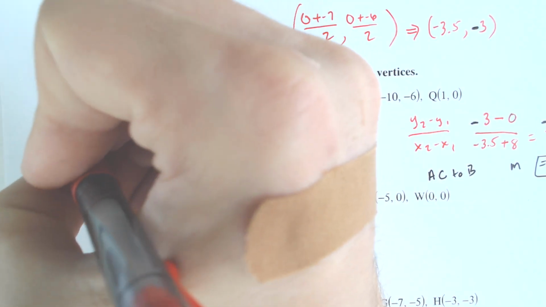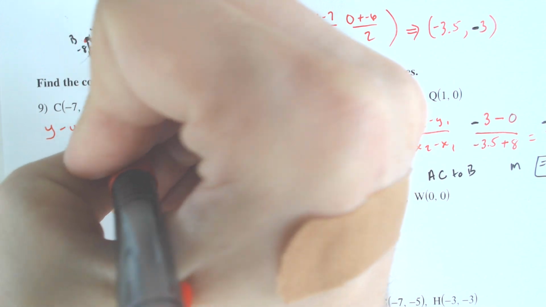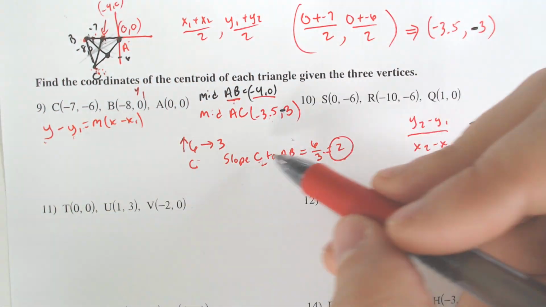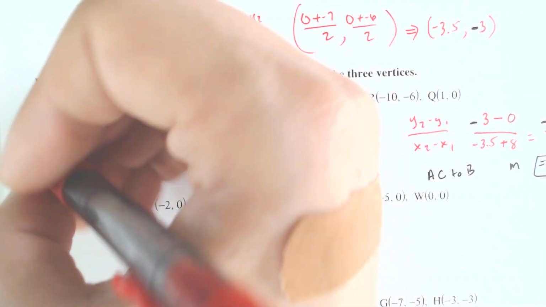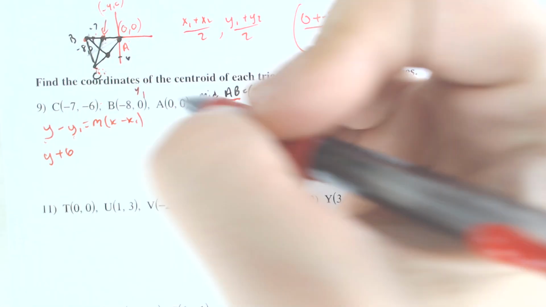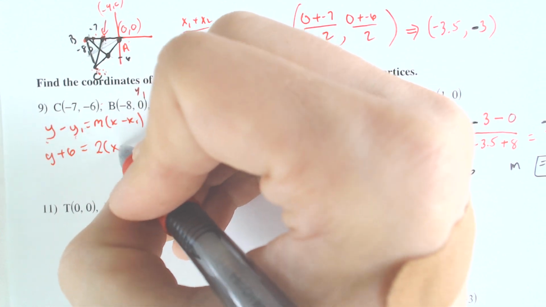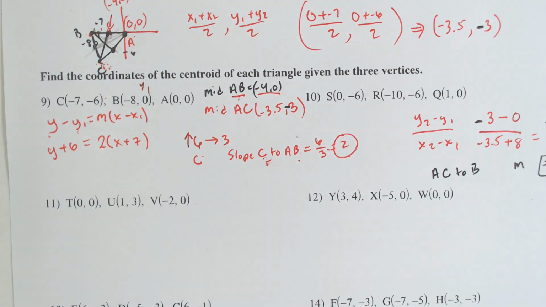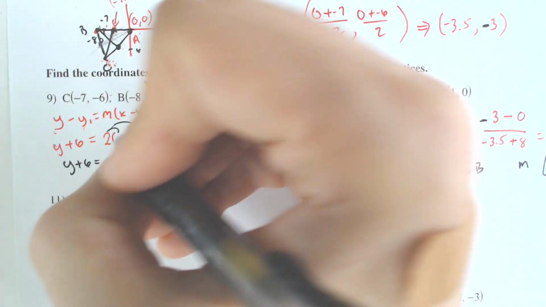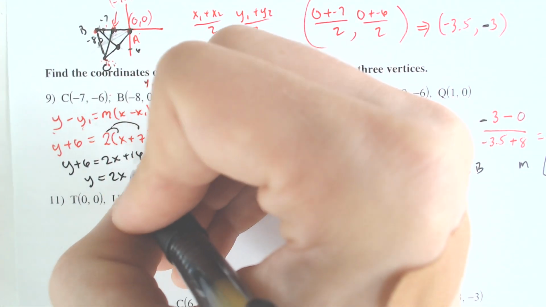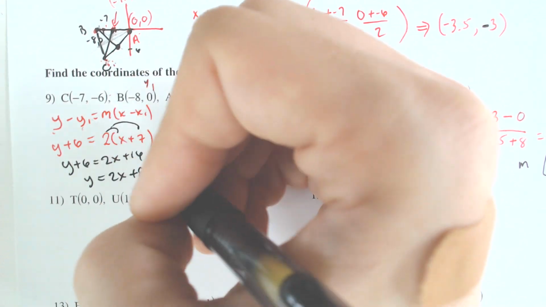Y minus y1 equals m times x minus x1. For both of these, I'm going to use point C. Point C would be y plus 6 minus the negative 6 equals, the slope is 2, x, change the sign, plus 7. Distribute the 2, y plus 6 equals 2x plus 14. Y would equal 2x plus 8.